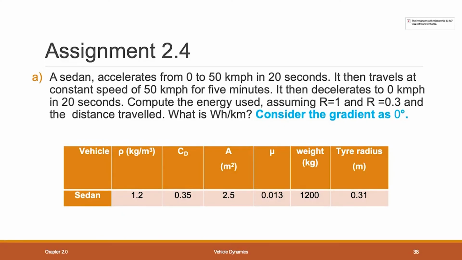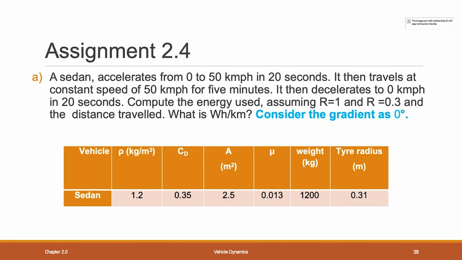I am giving you an assignment problem where I change the drive. I have taken the same sedan. This time, first I am accelerating from 0 to 50 kilometer per hour in 20 seconds.